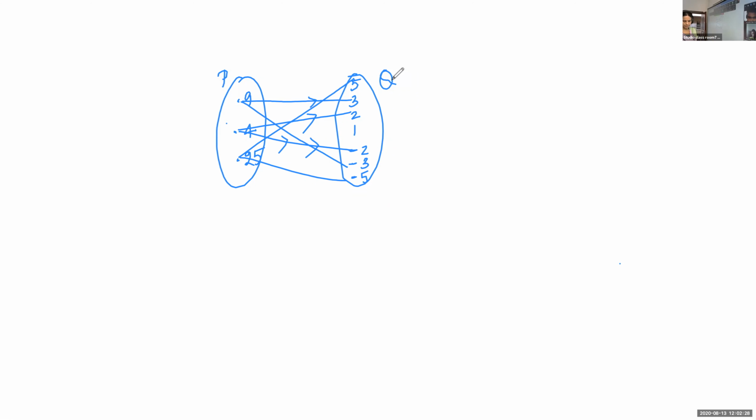Okay, draw the figure afterwards. First write the question.